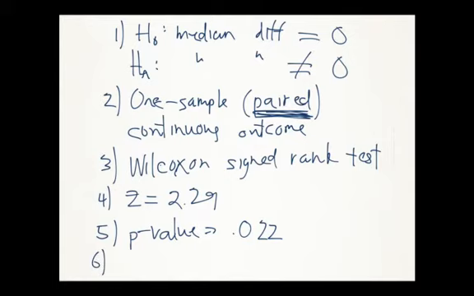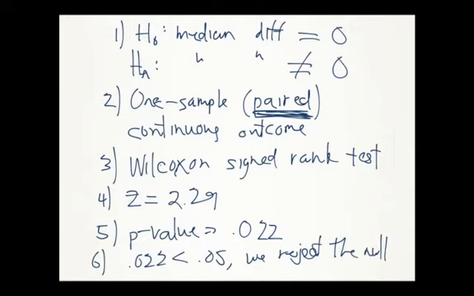Since 0.022 is less than 0.05, we reject the null. We reject the null because our p-value is less than 0.05.